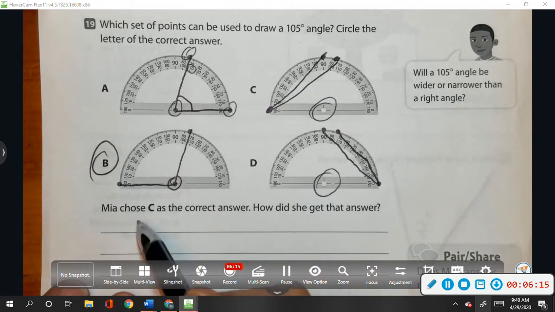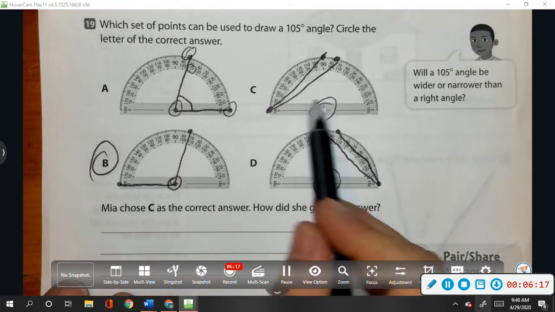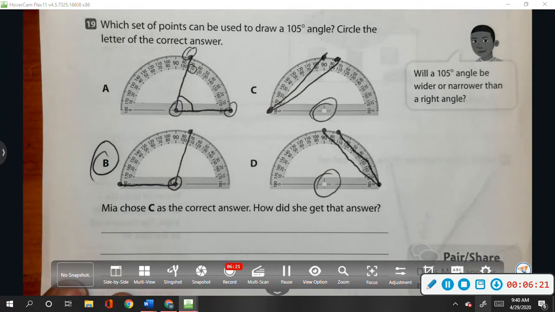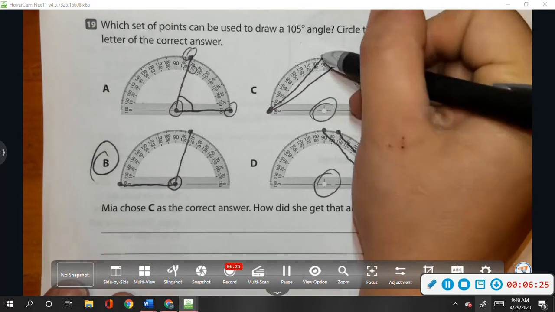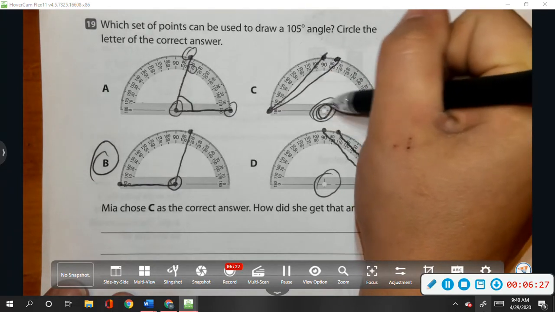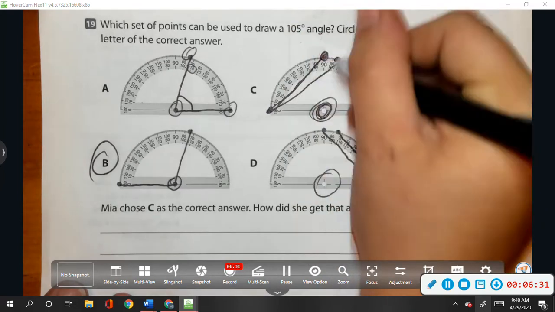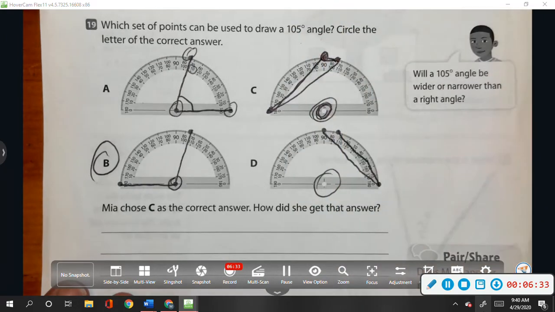Now Maya chose C as the correct answer. How did she get that answer? She might have mistook that center point down here for the 90 degrees. So it might have been more like that.